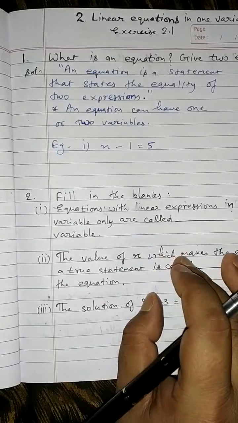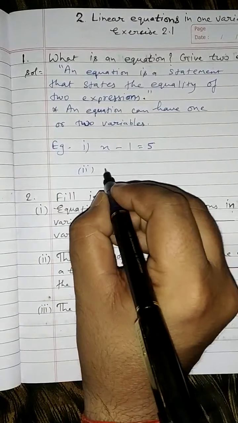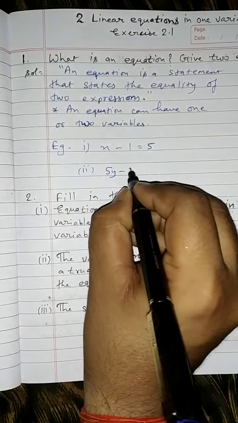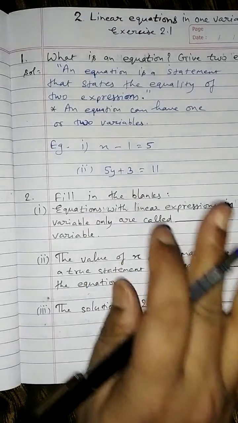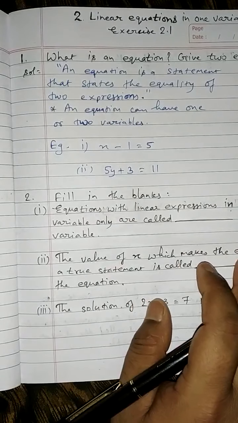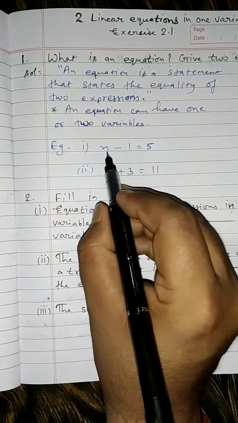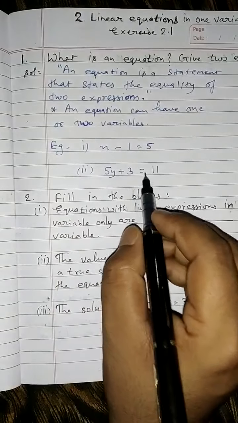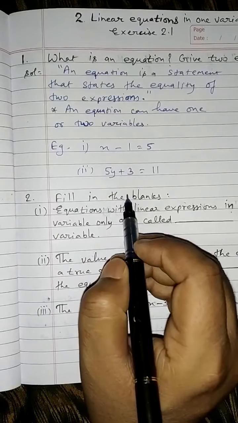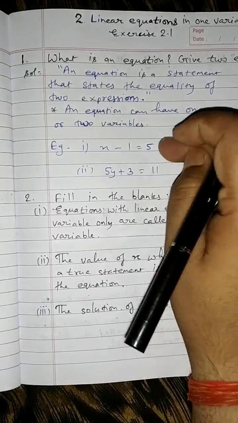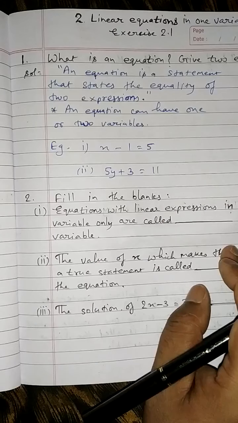These type of equations you have studied in class 7th. Second statement is suppose 5y plus 3 is equal to 11. Okay, this is also an equation. In the first example we have variable x, and in the second example we have the linear equation of y variable. So both of these are equations having one variable.